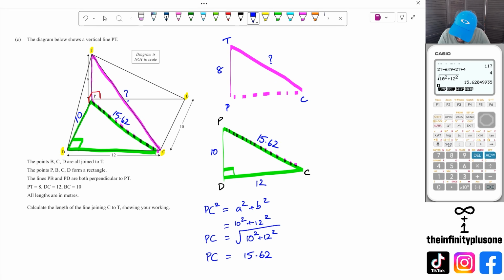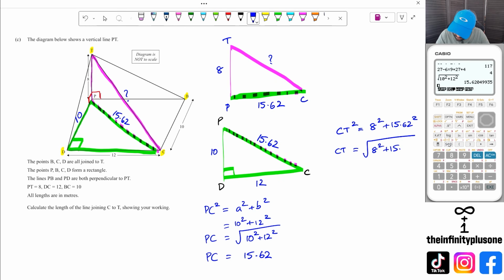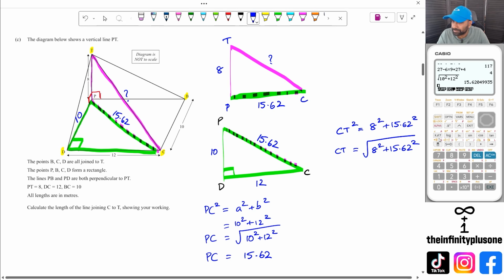And if we were to go back to the pink triangle, we've got PC there, that's going to be 15.62. So to figure out what CT is, CT squared is equal to 8 squared plus 15.62 squared, and then CT is equal to the square root of 8 squared plus 15.62 squared.